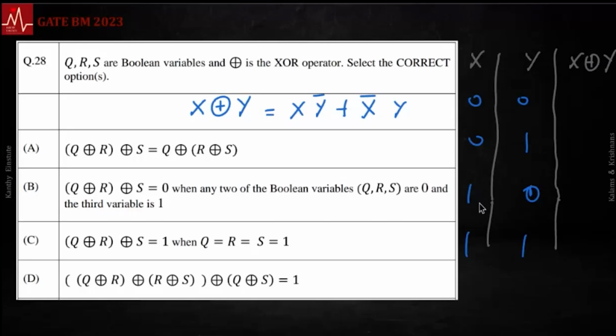When the two things are different, it's a 1. These two are different, it's a 1 in that case. When the two are the same, it's a 0 in that case. So this is if inputs are different.